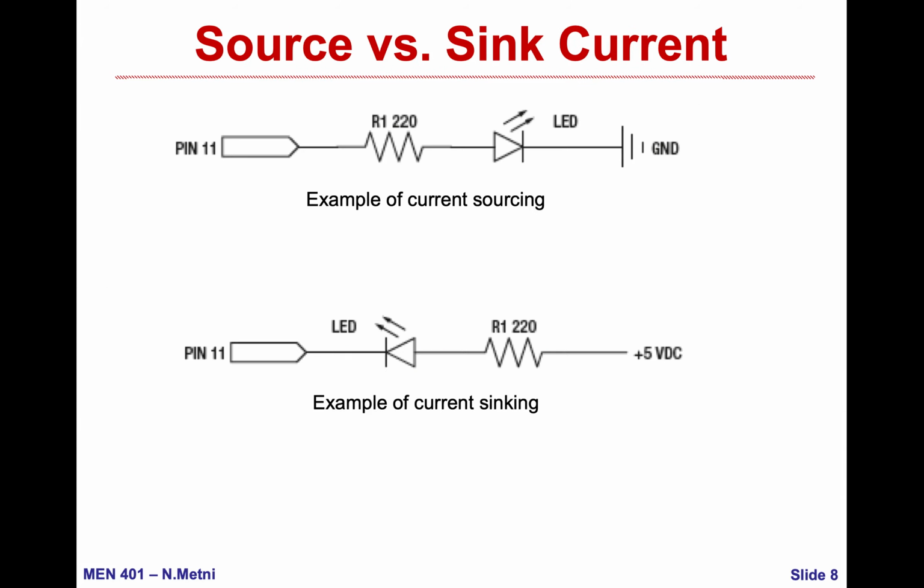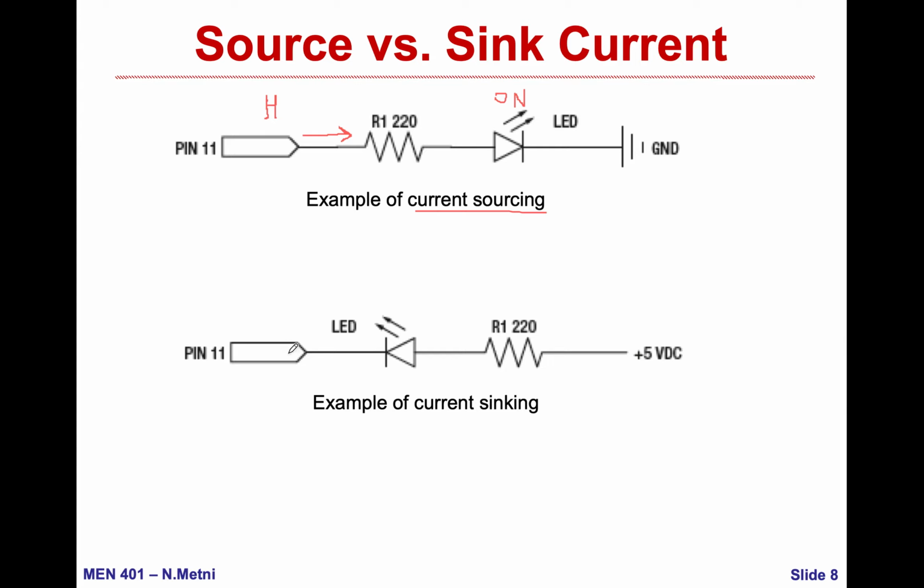So for example, these are two examples of current sinking and sourcing. Look at this. Here I am connecting pin 11 through a resistor to an LED to ground. So if I send a 0, the LED is off. If I send 5 volts here, so if I send a high, the LED will be on. In this case the current is in this direction, so this is called current sourcing.